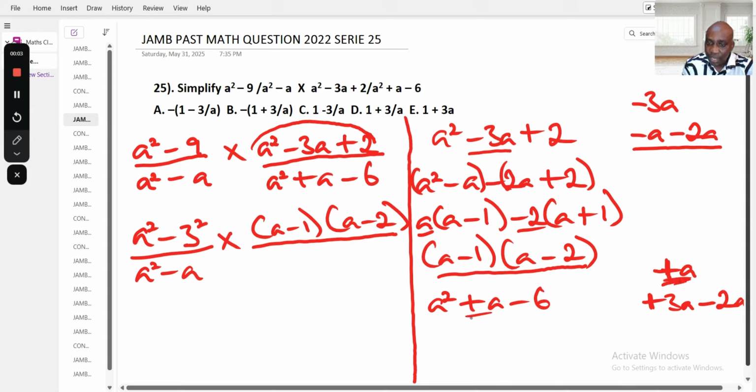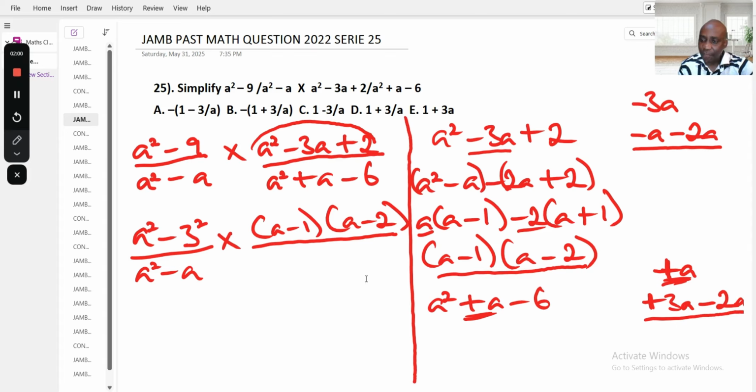Therefore, we are going to replace this plus a with plus 3a minus 2a, because it's the same thing. When you say plus 3a minus 2a, it's going to give you plus a. Our final answer here will now be plus 3a minus 2a minus 6.